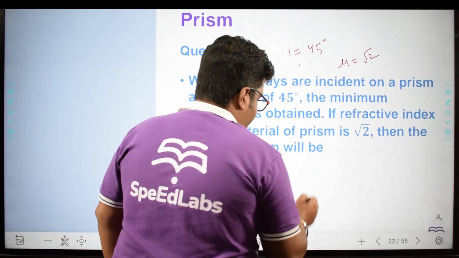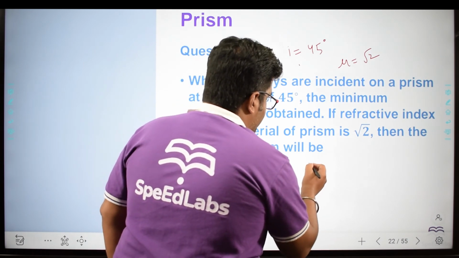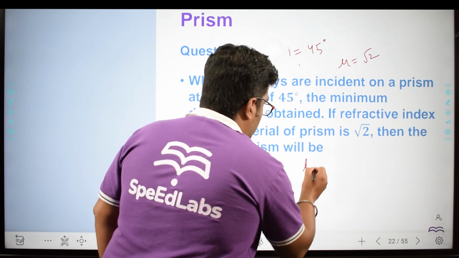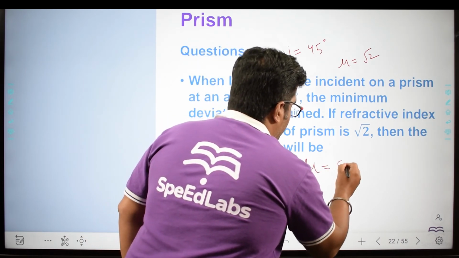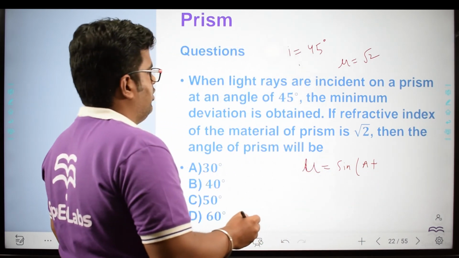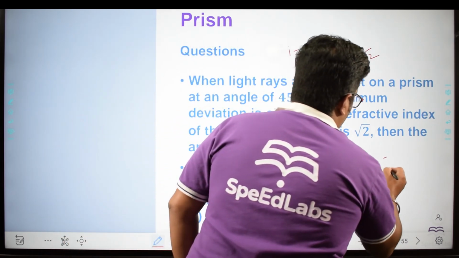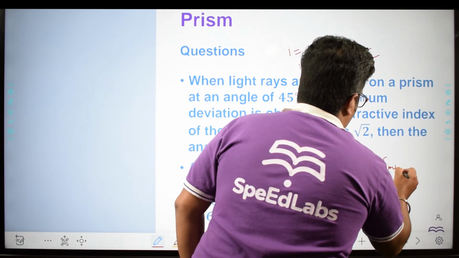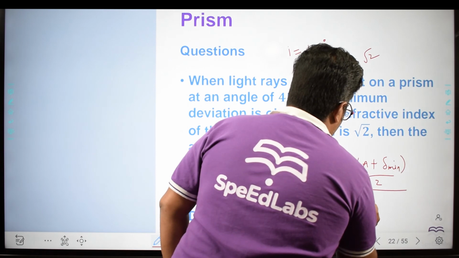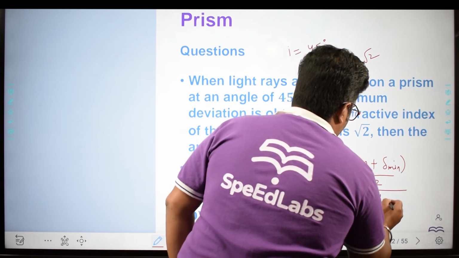We have seen the formula, that is mu equals sine of (A plus delta min) upon 2 upon sine of A by 2.